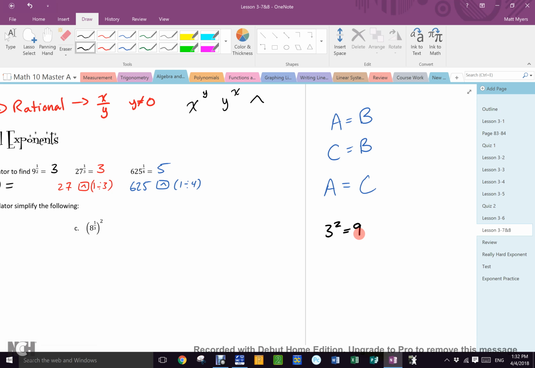If 3 squared equals 9, then what is the square root of 9? 3. Everybody cool? Now, what did your calculator just prove to you? That 9 with an exponent of 1/2 equals 3. Yes? So what do you now know about the square root of 9 and 9 to the 1/2? That they are equal. Is everybody with me?